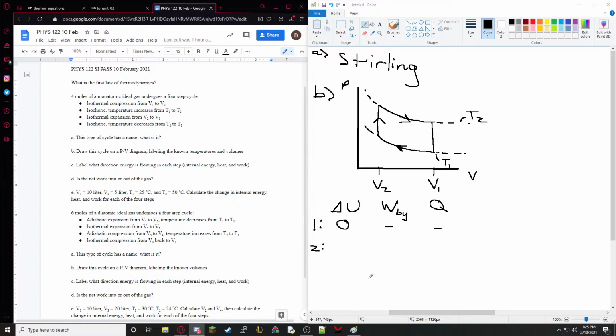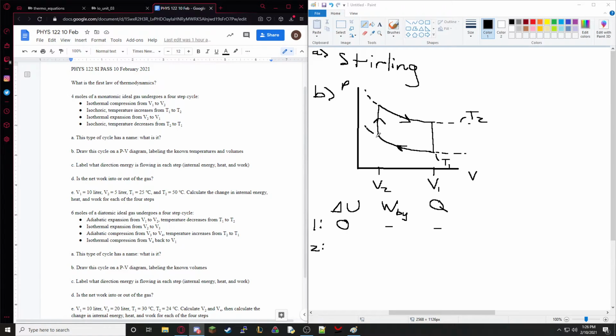And why? So yes, it is the same as Q, but why is it positive and not negative? How do we know that it's a positive change in internal energy rather than a negative one? Because the pressure is going up, so the temperature is going up. The temperature's going up, exactly. That's what we're trying to get at.